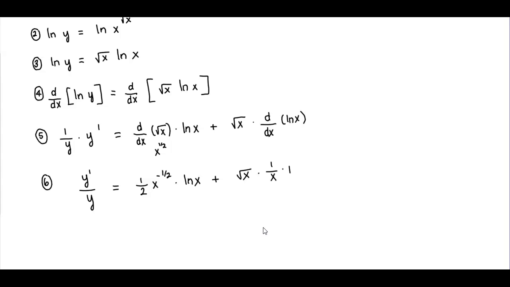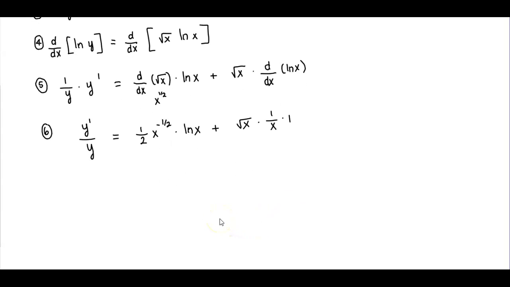Okay, now let's simplify this a little further. So we have y prime over y, which is equal to, in the numerator, we're going to have the natural log of x, and the denominator is going to be 2 to the power of x to the 1/2, which is the same thing as the square root of x, plus we have square root of x divided by x.